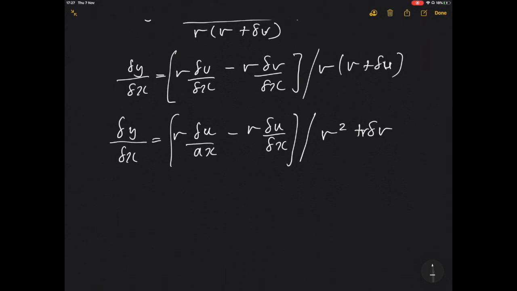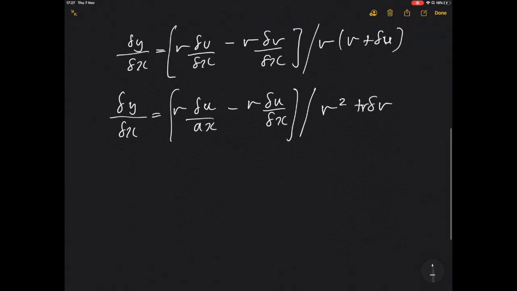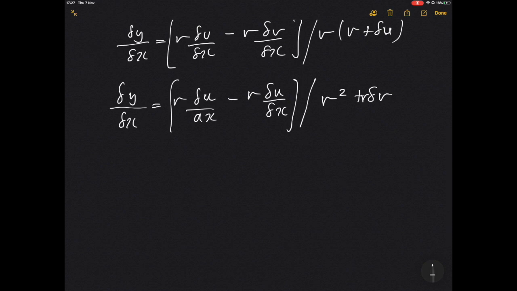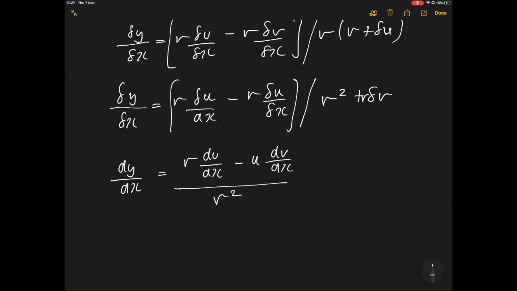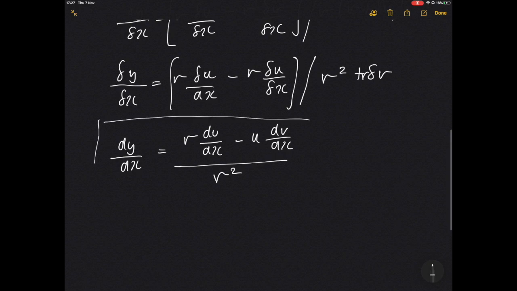So we know that all these things, as we approach infinity, get smaller and smaller, as we previously said. So therefore, we can say that dy by dx is equal to v du by dx minus u dv by dx all over v squared. And this becomes our quotient rule.